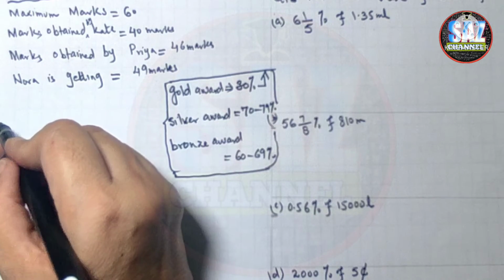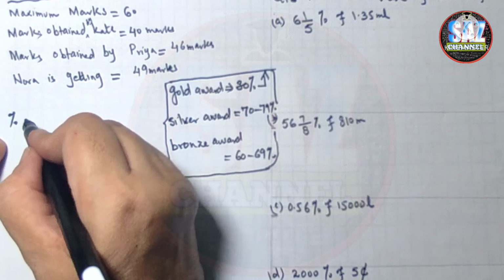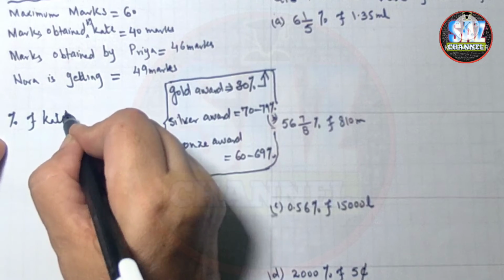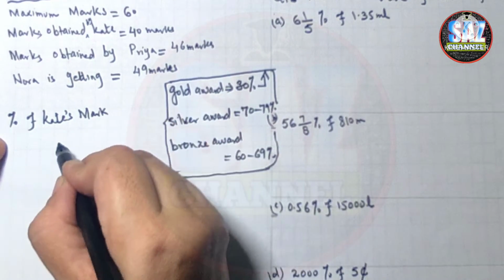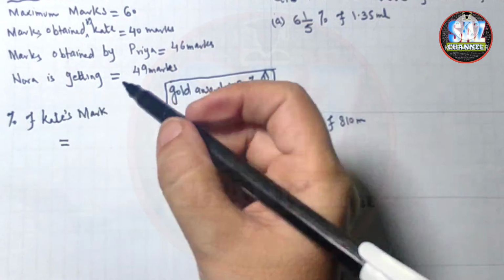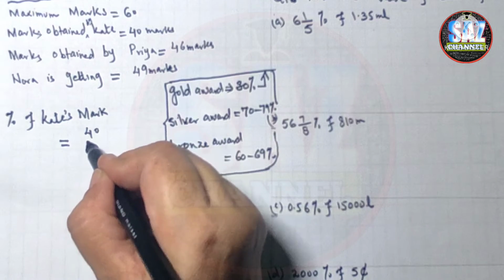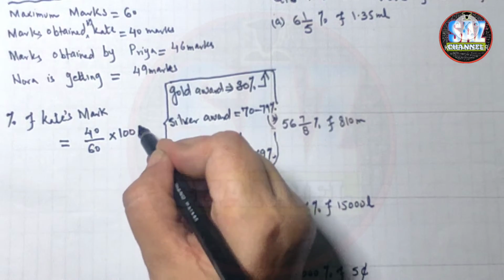Percentage of Kate's marks. We know the formula for finding the percentage: the marks obtained divided by total marks times 100%.